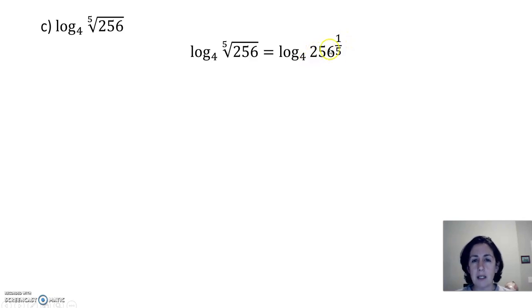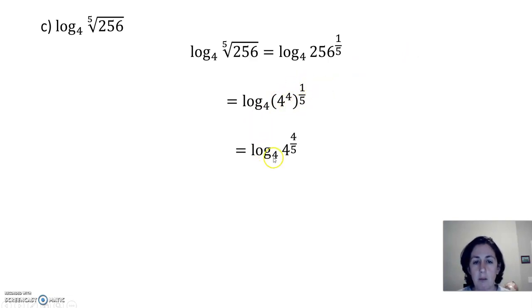Now, if we could make this base match, we have elementary property number 3, that says if the base of the logarithm and the base of the exponential function match, they cancel each other. Well, 256 is 4 to the 4th power, so this is all equal to log base 4 of 4 to the 4th to the 1/5. Power of a power, we multiply those exponents together.